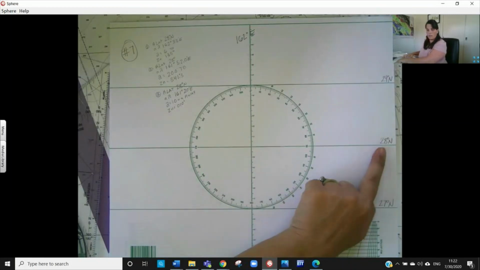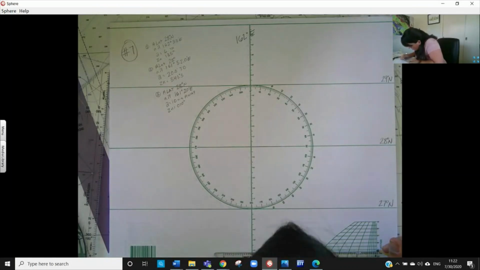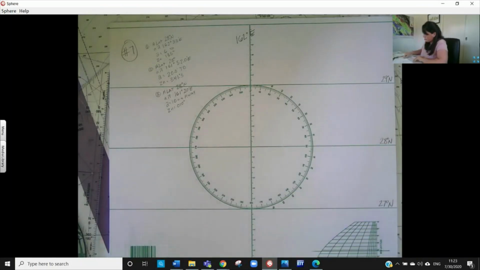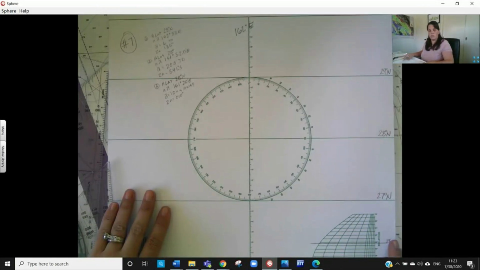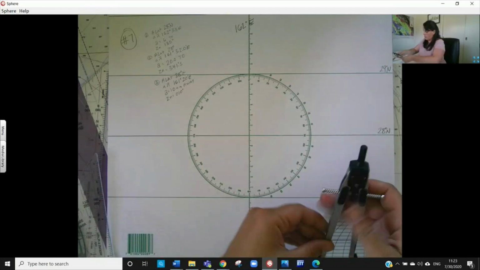So now we need to put in the rest of our longitude lines. So if our mid-lat is 28, we're going to find just shy of 30. Mid-lat on our longitude scale.